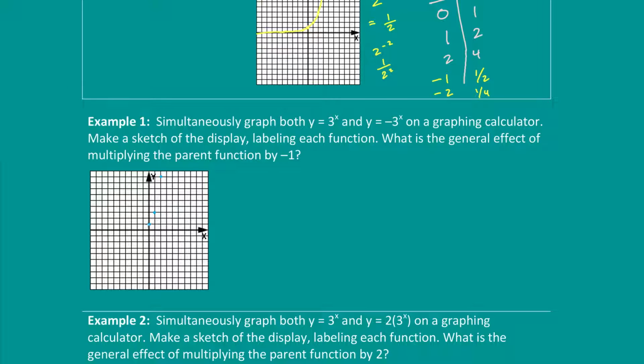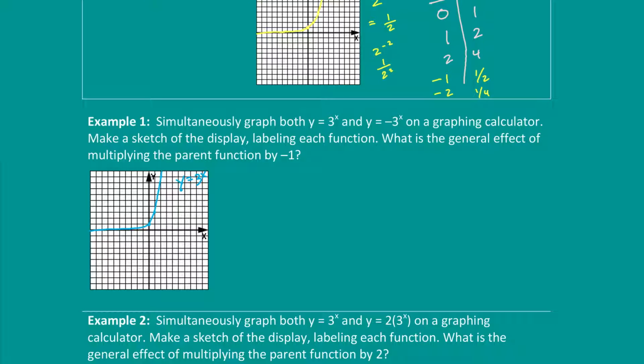So it's going to have this really steep climb, like so. And as our x's become negative, the y gets smaller. It gets closer and closer to 0. That's our y equals 3 to the x.